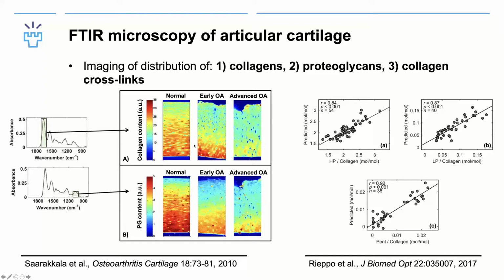For example, here we have human cartilage samples from normal, early osteoarthritis, and advanced osteoarthritis, and we see the decrease of the collagen content and also the proteoglycan content here. And again, these don't require any staining, so these are unstained sample sections, just the infrared absorption spectrum is measured, and then this is a pseudo color, so we just use a certain color to describe the absorbance of the infrared light in this certain wavelength.